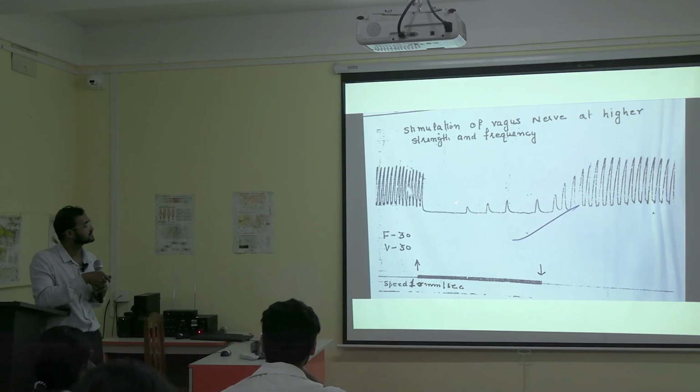It resumes the impulse for the survival of the heart. After some time, when the effect is reduced, it resumes to the original. So this is the actual graph. It will take 4 to 5 beats to resume, and then it will return to its original rate and contraction phase.